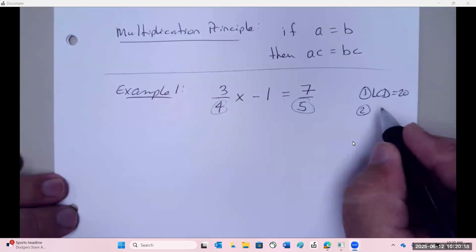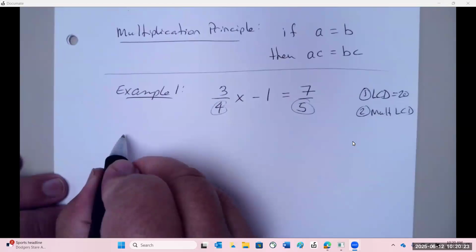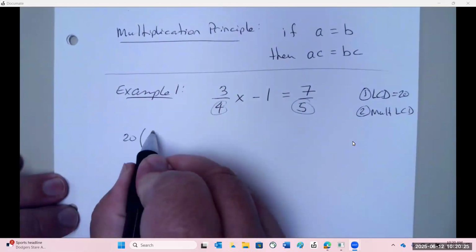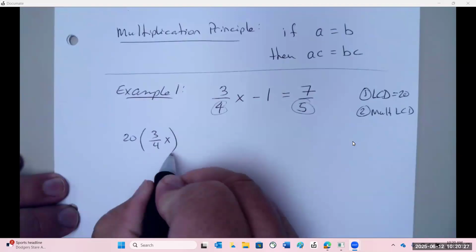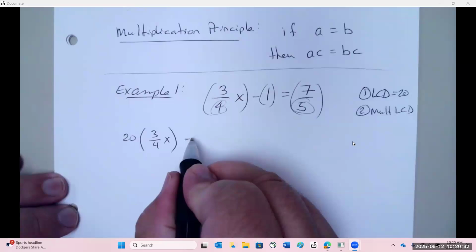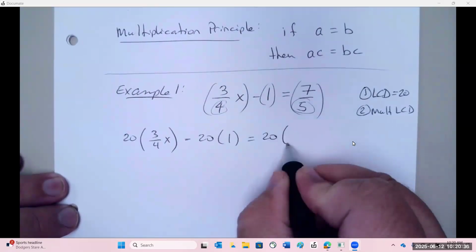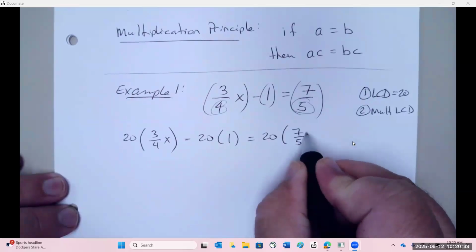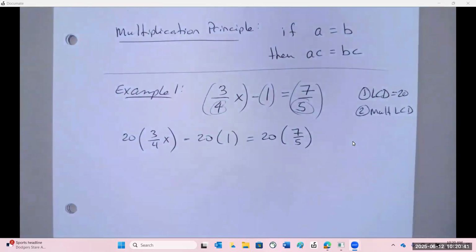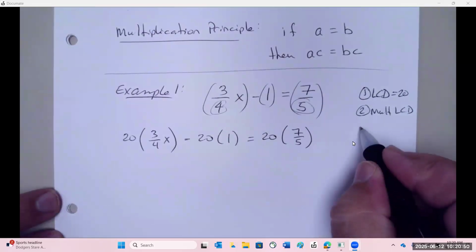What do you do with the LCD? Multiply it. So 20 times the first one. This is a term, this is a term, that's a term. So multiply the LCD to each term. What's my third step?